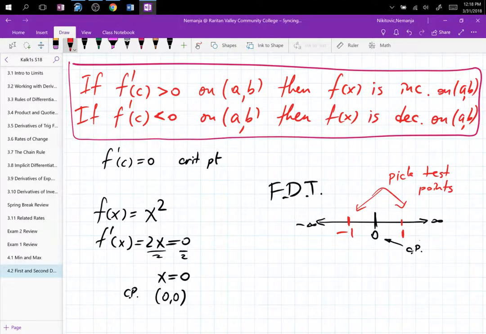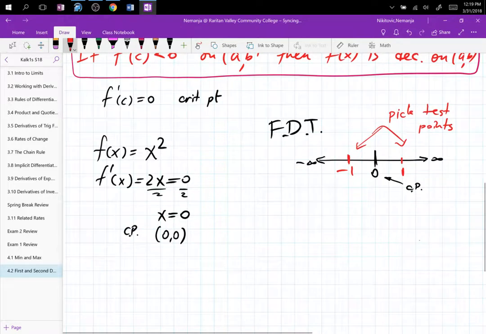So this critical point 0 is partitioning the entire domain into negative infinity to 0 and 0 to infinity. And then I pick any number in each of those two intervals. I picked negative 1 and 1 because I'm lazy, it's easy to compute. If you like pain, sure, e minus pi squared will work just as fine. All right?